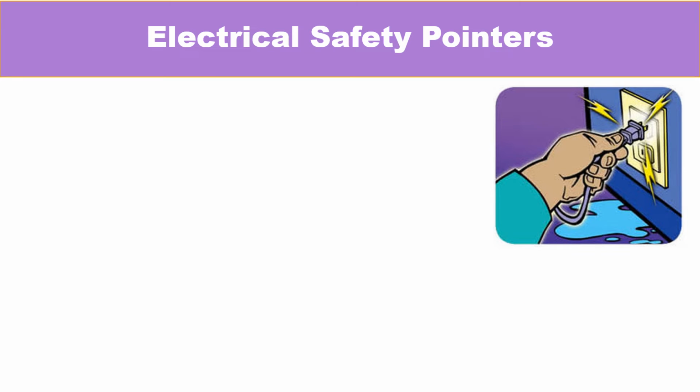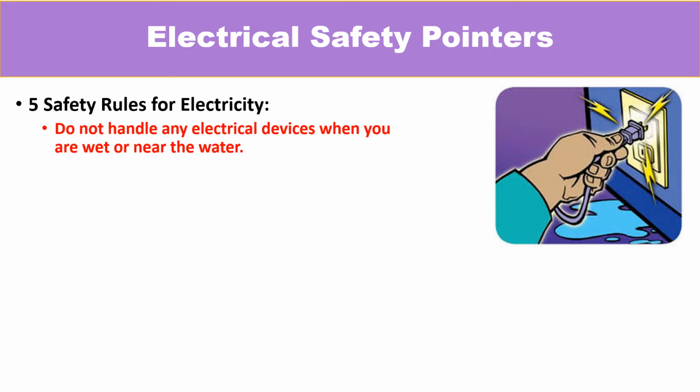Although there are multiple ways, if I list the safety guidelines, I'd like to discuss 5 safety rules for electricity. Number 1, do not handle any electrical device when you are wet or near water. This one is kind of obvious because water itself, H2O, is not a conductor.